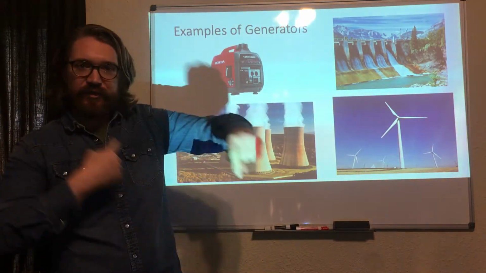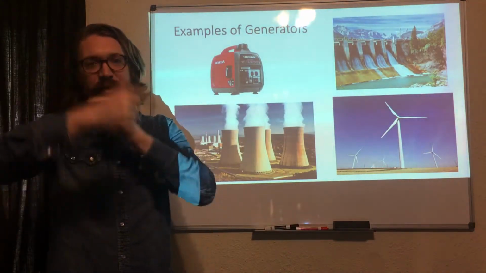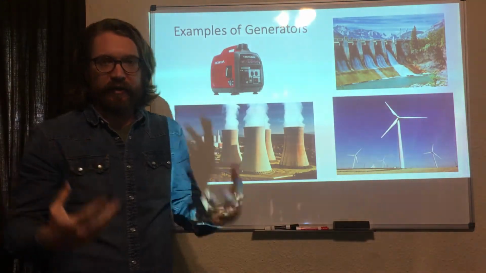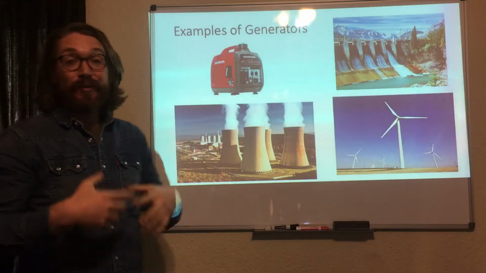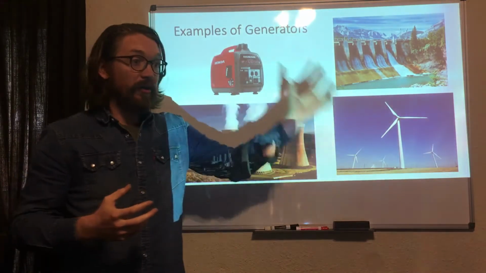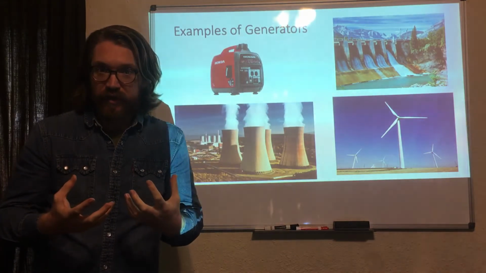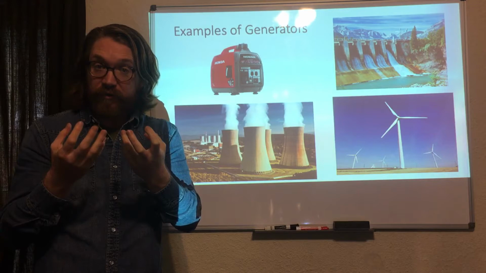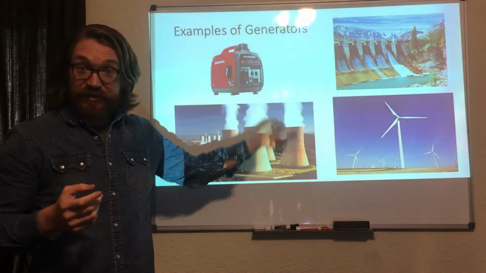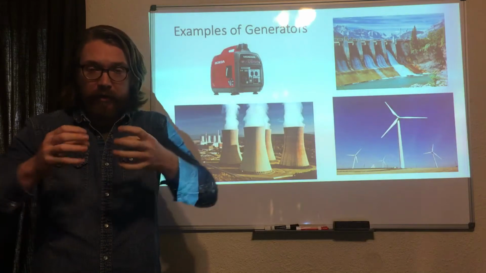The water makes the turbine spin. Inside the turbine, there's a magnet. That magnet spins around inside of a coil. You get electricity. And actually, nuclear power plants work the exact same way. It's just that instead of water or wind, we use nuclear explosions. Those nuclear explosions heat up water, believe it or not. That's what you're seeing coming out of the top there, is steam. That water is heated up.